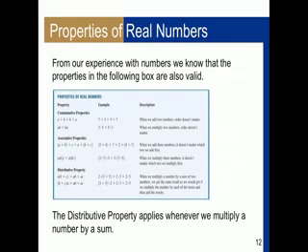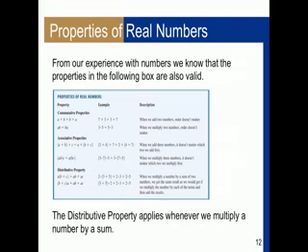From our experiences with numbers, we also know that the properties in the following box are also valid. And this box is going to be found in your pre-calculus book for you guys to have for reference at any point. But just reviewing some of these, the commutative property is going to be, like we talked about, a plus b is going to be equal to b plus a.